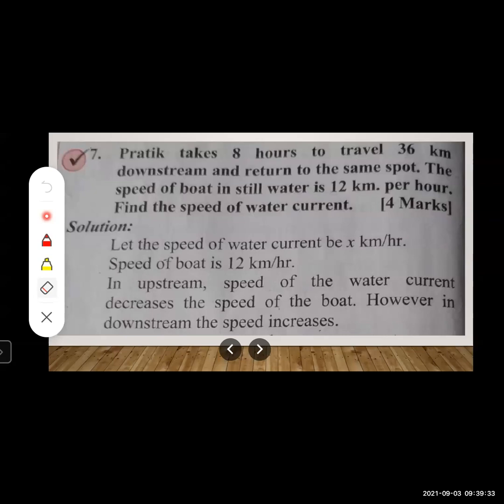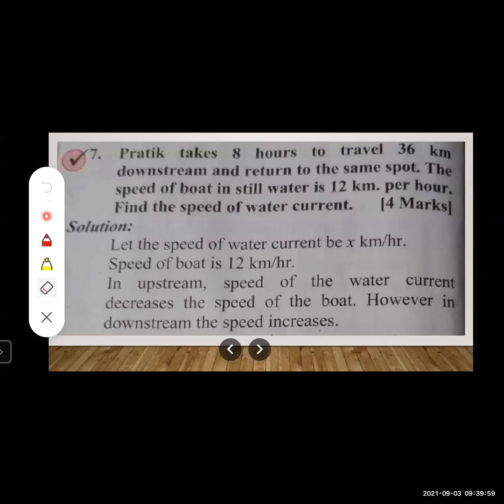Pratik takes 8 hours to travel 36 kilometers downstream and return to the same spot. The speed of the boat in still water is 12 kilometers per hour. Find the speed of the water current. See, what do you have to find out? The speed of the water current.